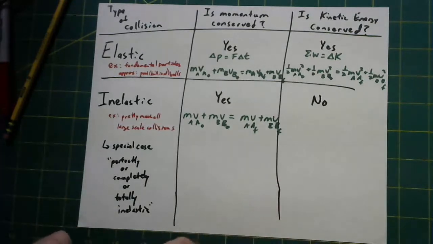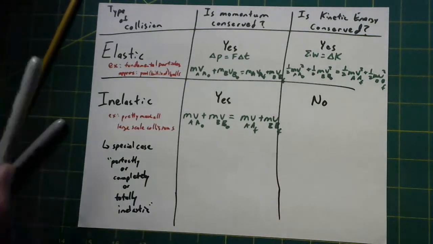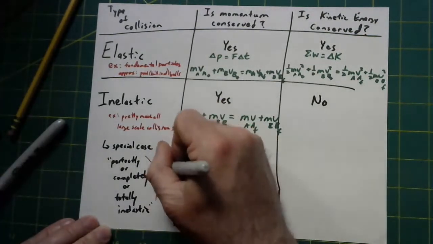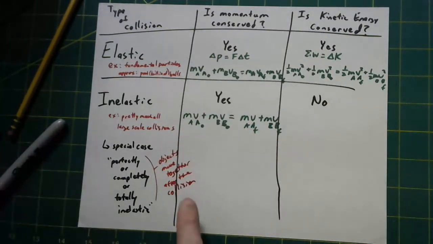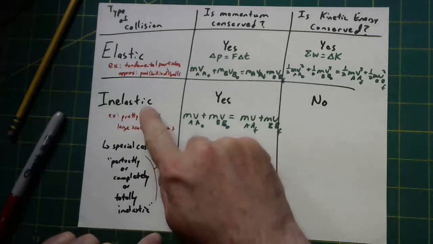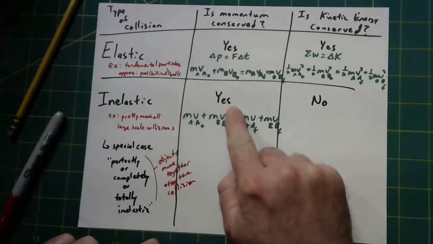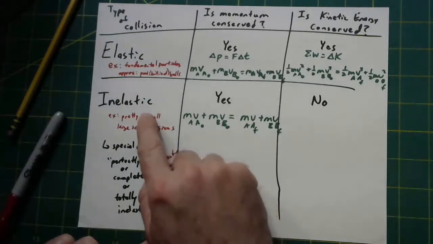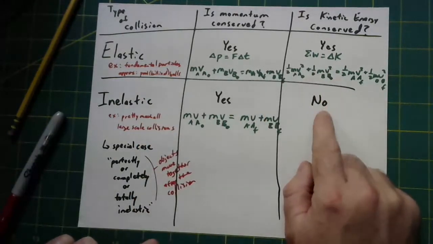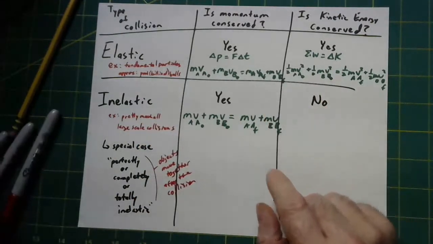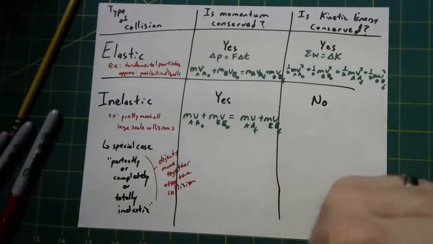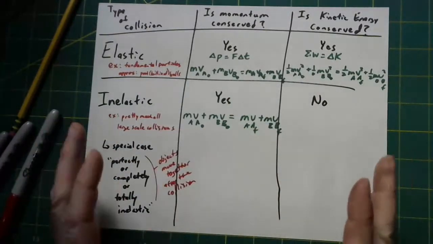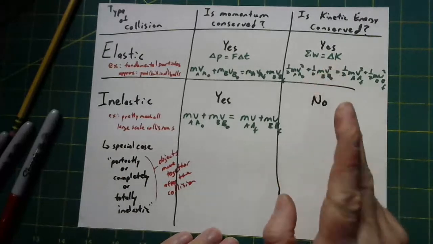And so this is just physics slang for objects move together after the collision. Now, because this is a type of inelastic collision, momentum is conserved. And because this is a type of inelastic collision, kinetic energy is not conserved. So anytime you see a collision where they hit and stick and move off together afterwards, you automatically know kinetic energy is not going to be conserved.